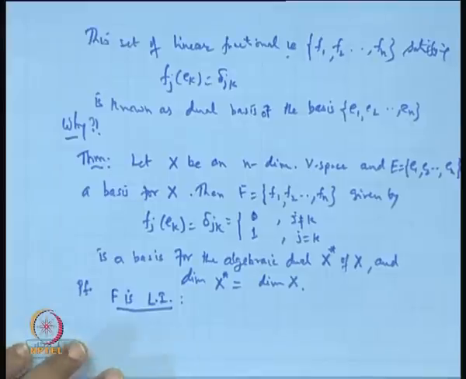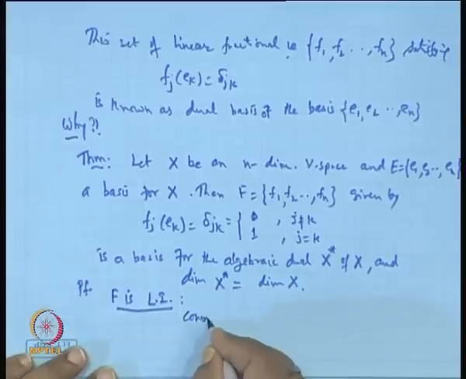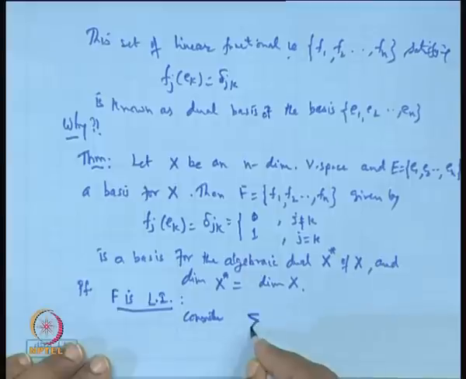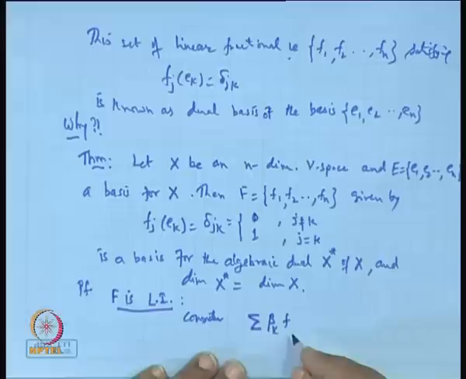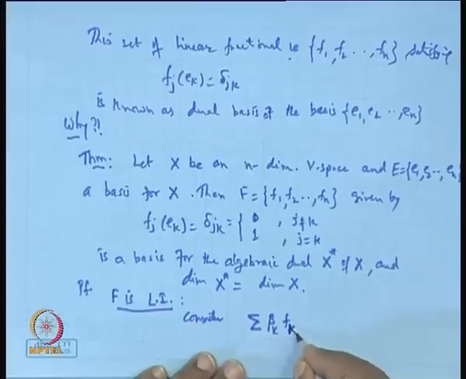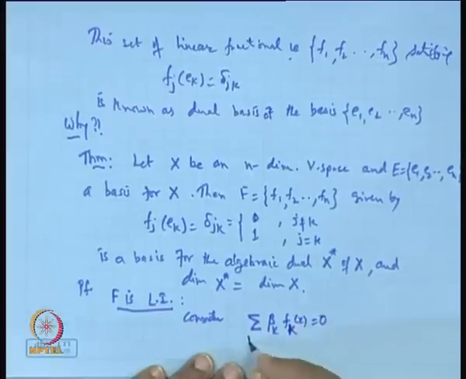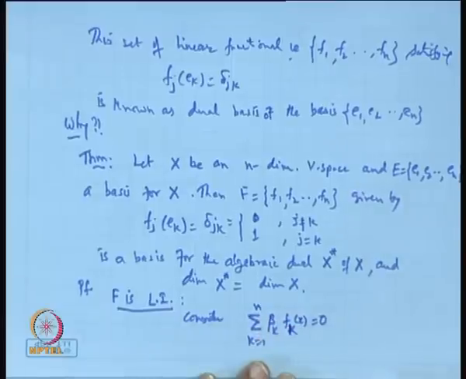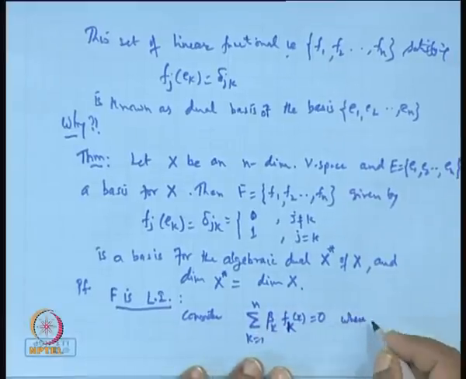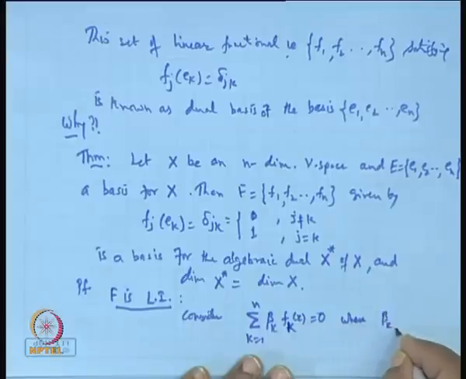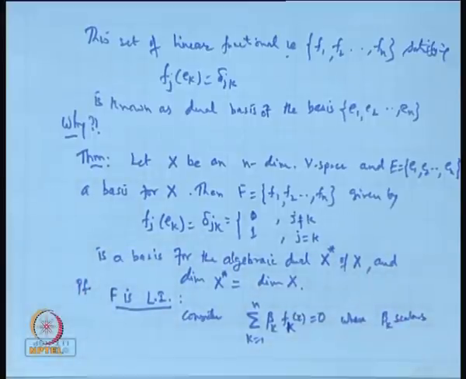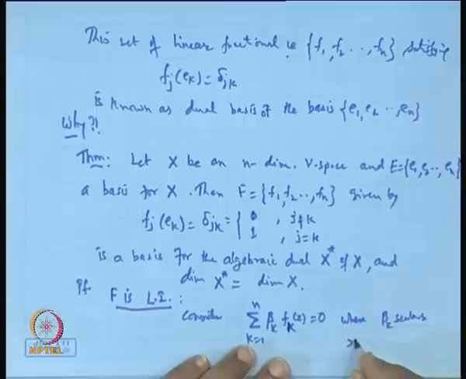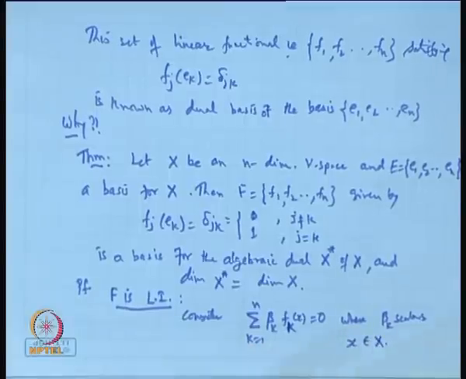So, let us consider this expression, sigma beta k f k x equal to 0, k equal to 1 to n, where beta k are scalars, and f 1, f 2 etc. are defined like this, and x is an element of capital X.